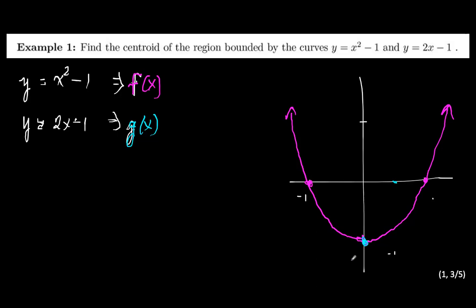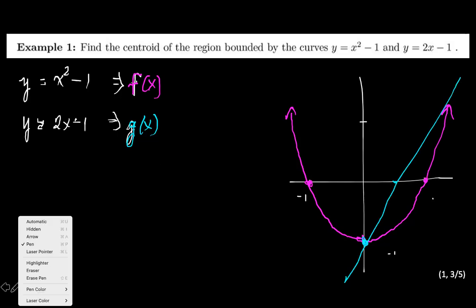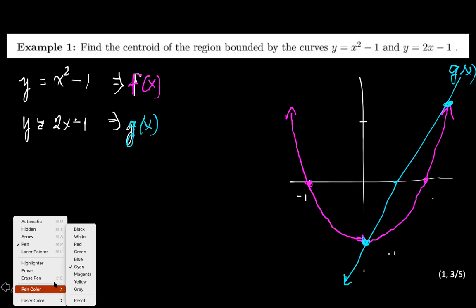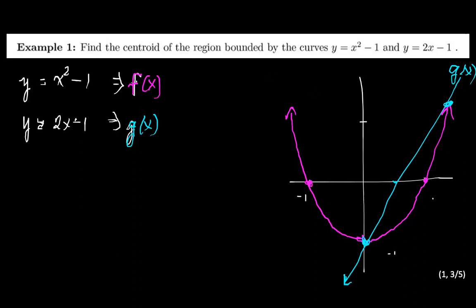All right, so if we're going to sketch the graph, that's somewhere like this. Okay, here we go. That's much better. And they intersect at this point and at this point. All right, so this is our g of x, and our magenta is f of x.